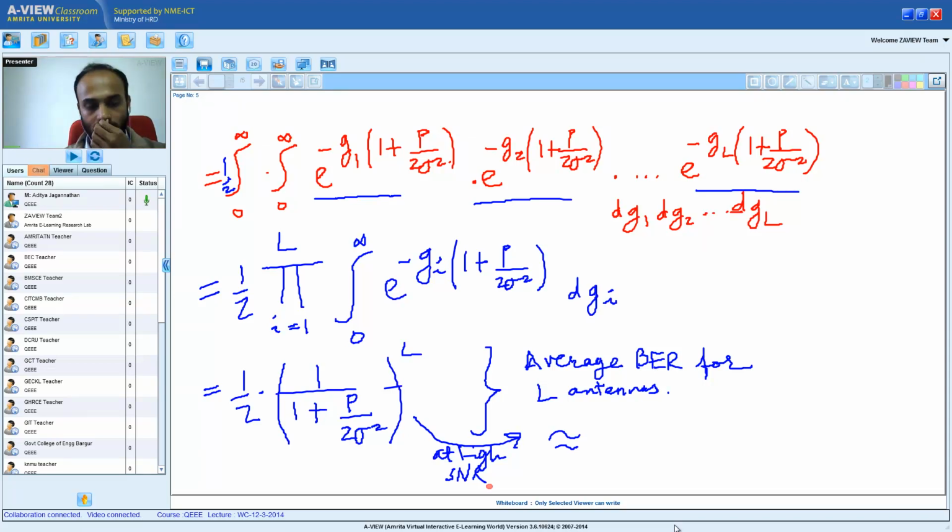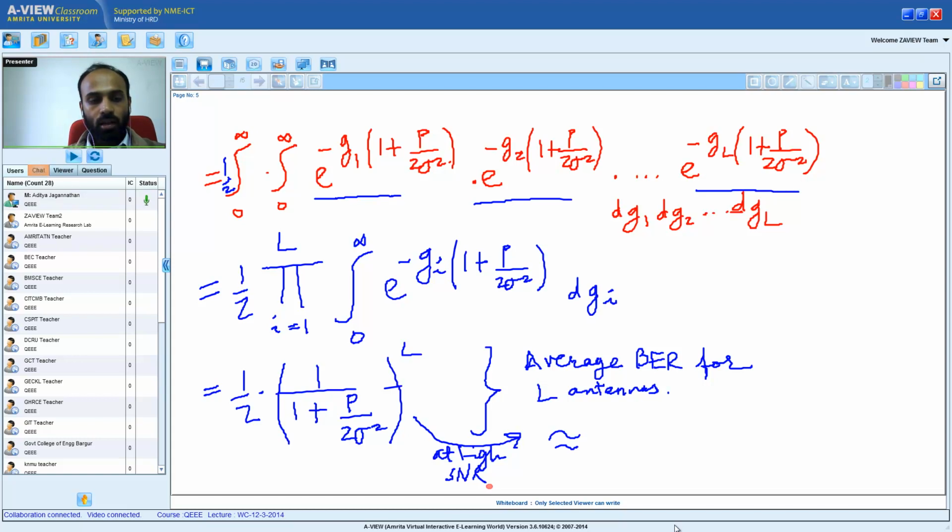At high SNR, this is approximately 2 over SNR to the power of, can someone give me the exact answer? What is this value at high SNR? 2 over SNR to the power of L is not exact.